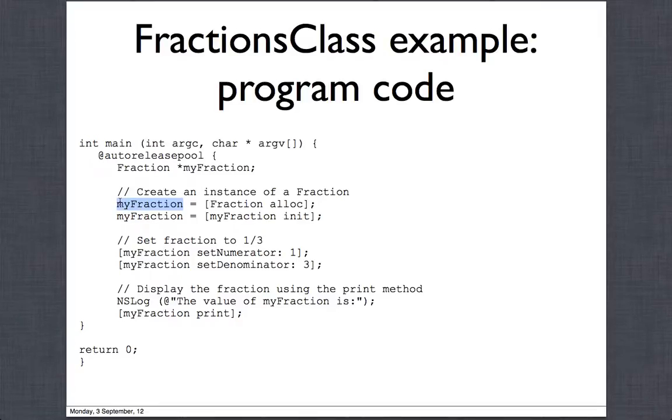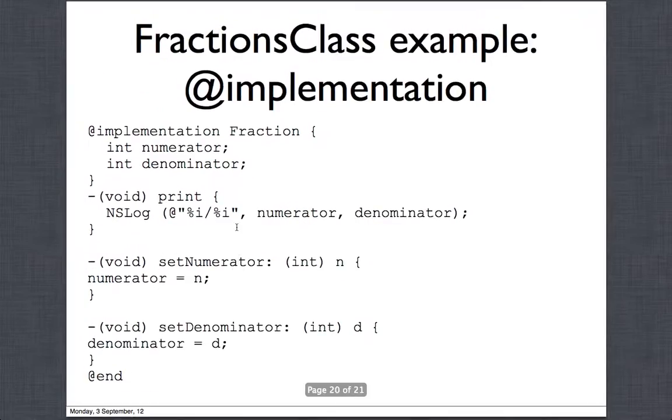And we should first allocate the memory for our object. And we are calling an alloc method on Fraction. We are sending a message called alloc, from allocation, to our Fraction class. So it's a class method, but we didn't write it. We didn't have an alloc here. All we had is print, set and another set.